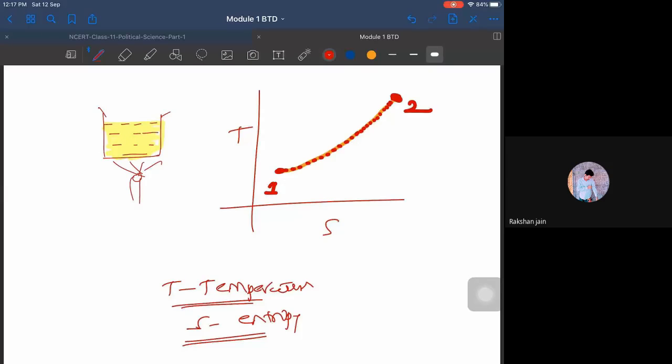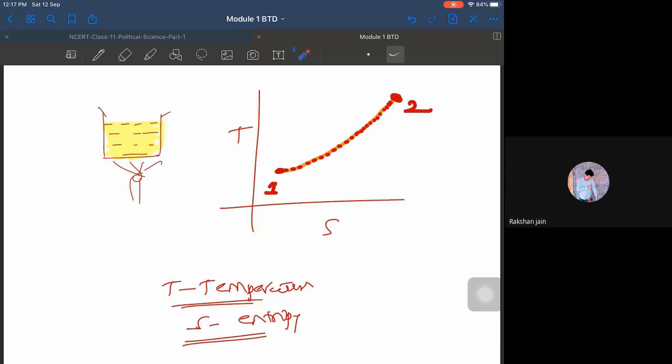Rakshan, are you there? Yes, sir. So if I ask you what is the temperature at state 1, what do you do? You just pick the state point number 1 here and go back to get your temperature at state 1. Simple.